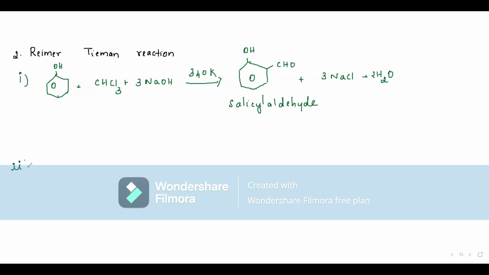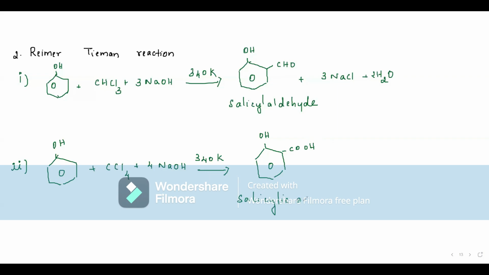If not chloroform, you can treat phenol with carbon tetrachloride and excess of NaOH under similar conditions of temperature. The only difference here will be, instead of salicylaldehyde, you will get salicylic acid.